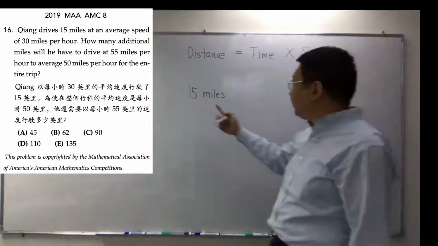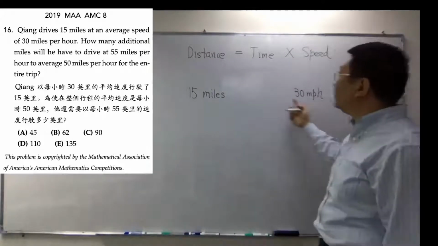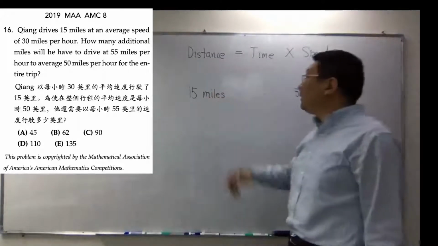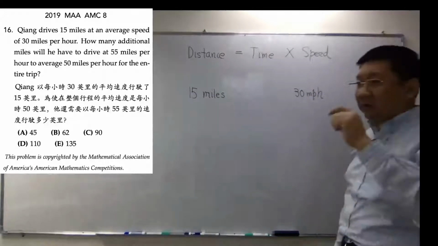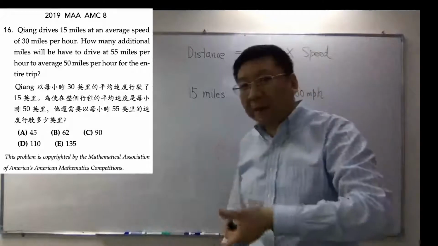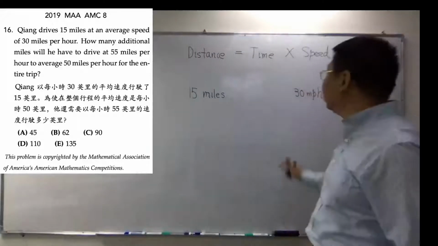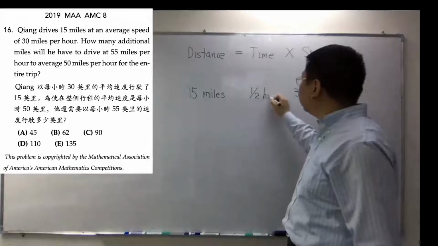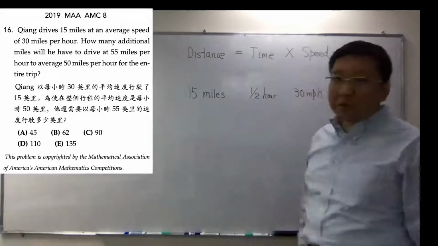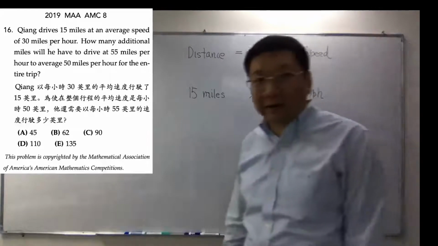Now, in this first journey, he traveled 15 miles at a speed of 30 miles per hour, so every hour 30 miles, so 15 miles is half an hour, right? So the time is actually easy to calculate, half an hour, or in other words, 30 minutes, we can put it down here.